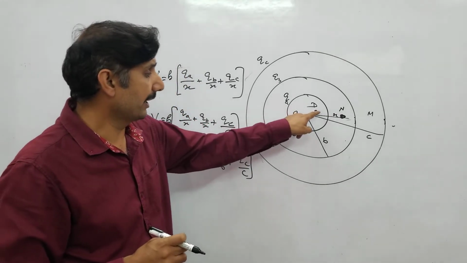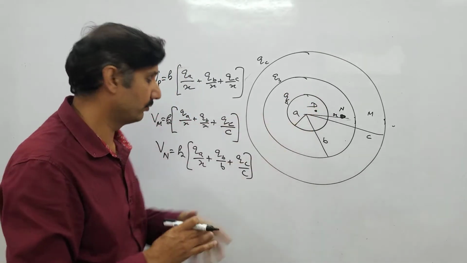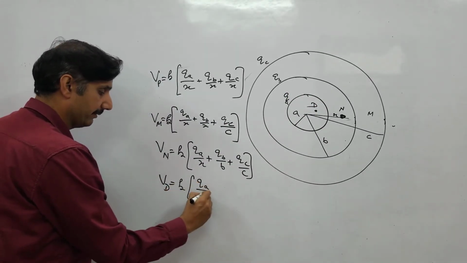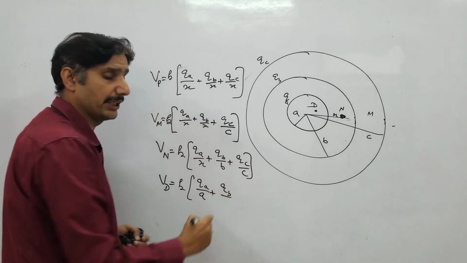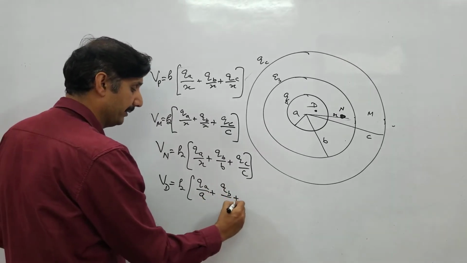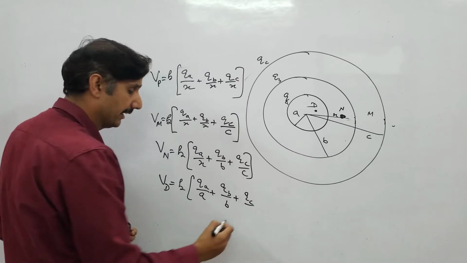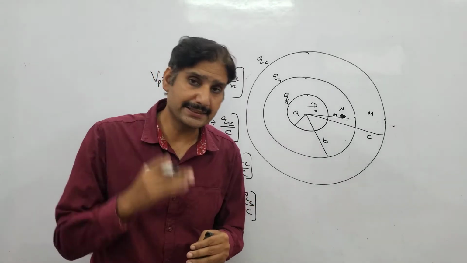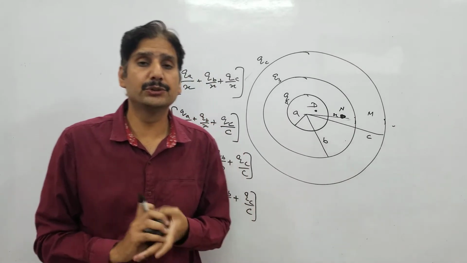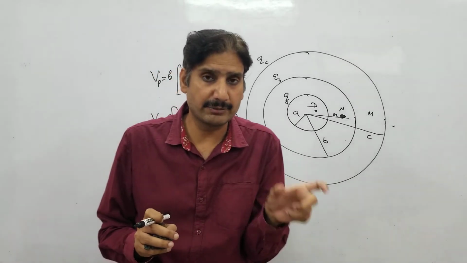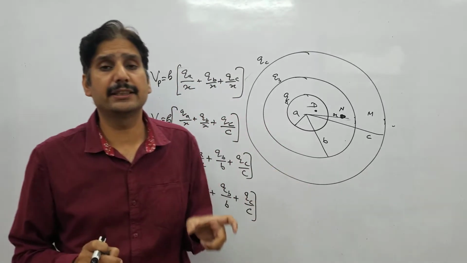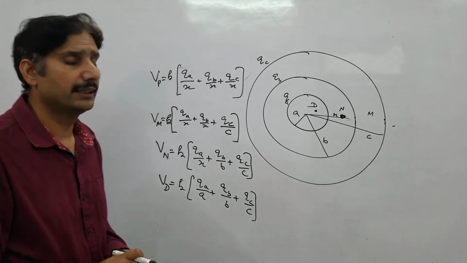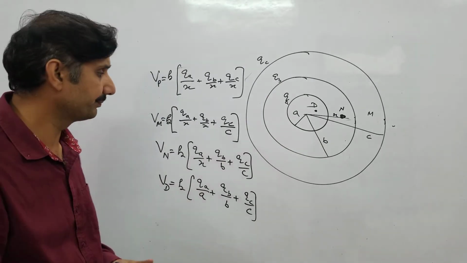So the potential at D due to the first shell would be QA by A, plus the potential due to the second shell, which will be QB by B, and the potential due to the third shell will be QC by C. That is, when the point lies inside a shell, you don't calculate its distance from the center of the shell, rather you calculate the potential at the surface. And this is a very good example and a very important one as well.